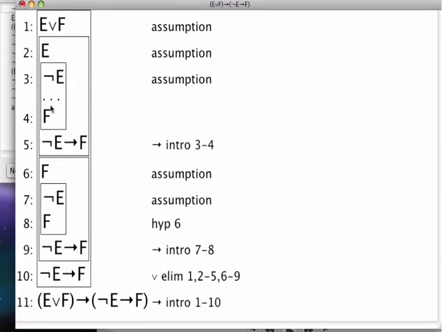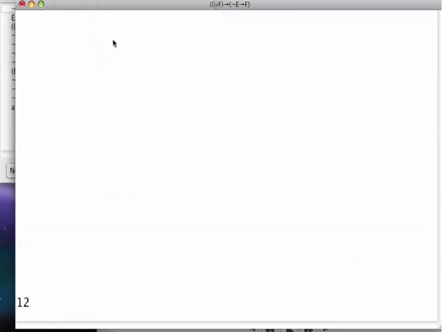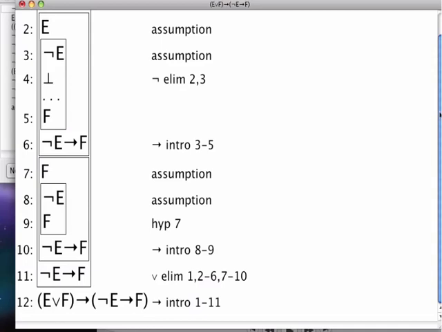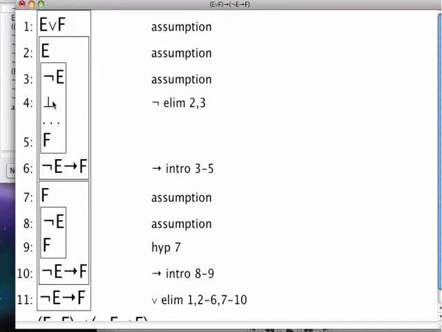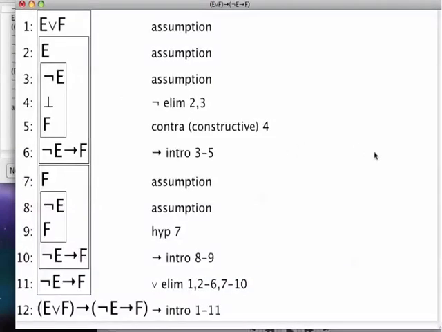From E and not E, we get a contradiction, obviously. And then we can use a constructive contradiction if we want here. Backwards constructive contradiction rule.